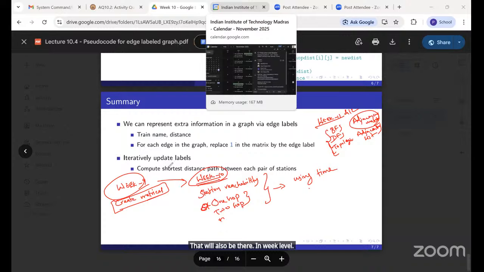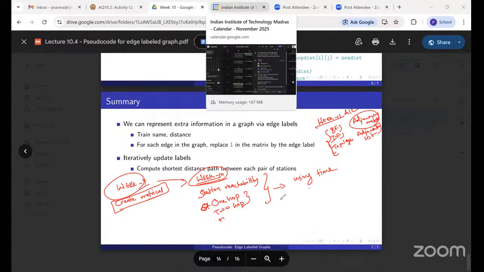So be clear with matrices, whatever you are studying right now. In the Monday session, there will be solving of PA questions. So be clear with whatever you are trying to solve. Otherwise, it's very difficult to get the concepts of week 11 and 12.